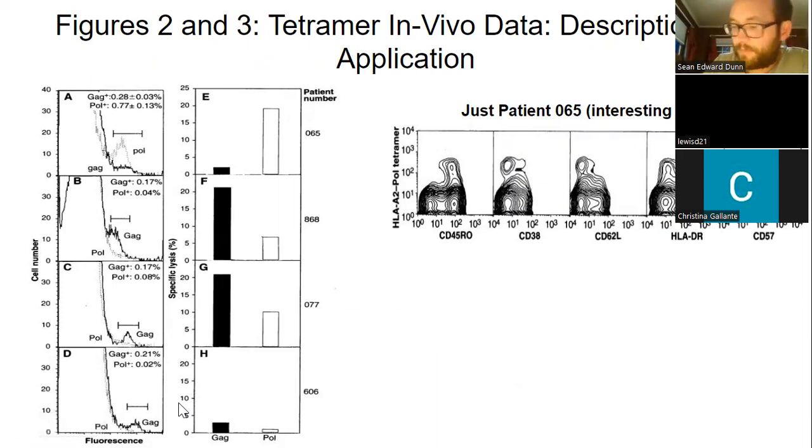An interesting application of this staining method, they looked at in vivo data of the HIV infected patients for GAG and POL. Again, the GAG and POL signals correlated very nicely when staining with these tetramers with their respective cytotoxicity studies, as seen to the left.